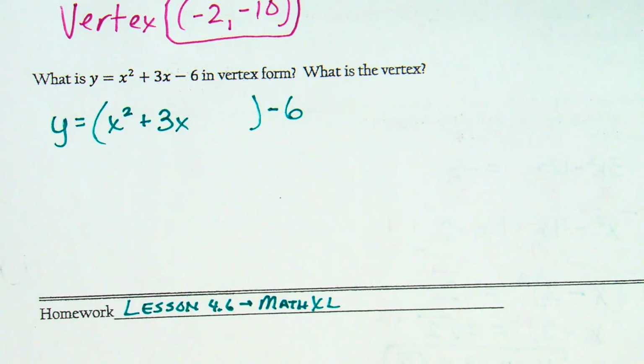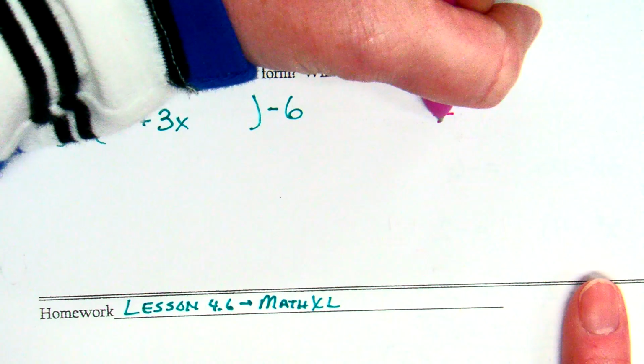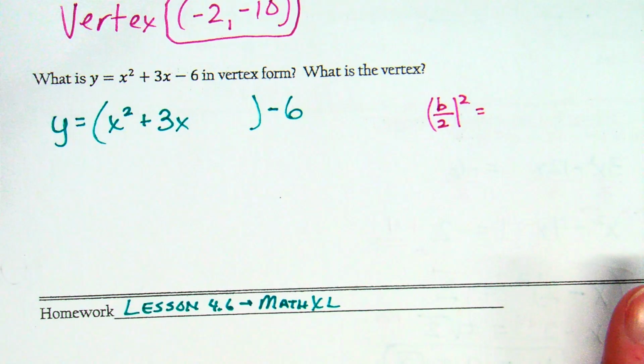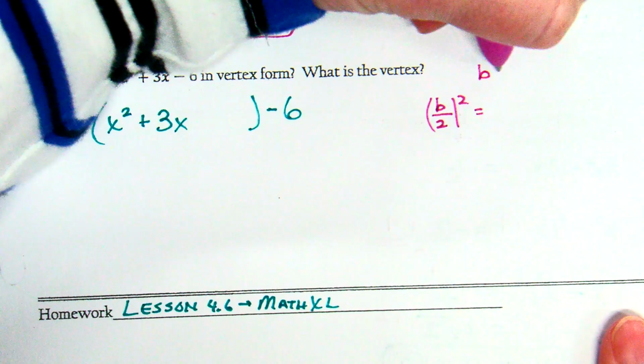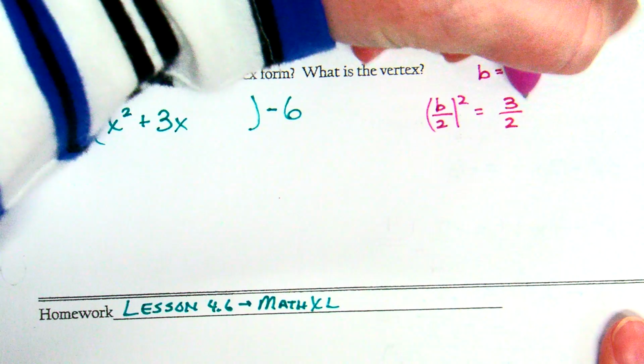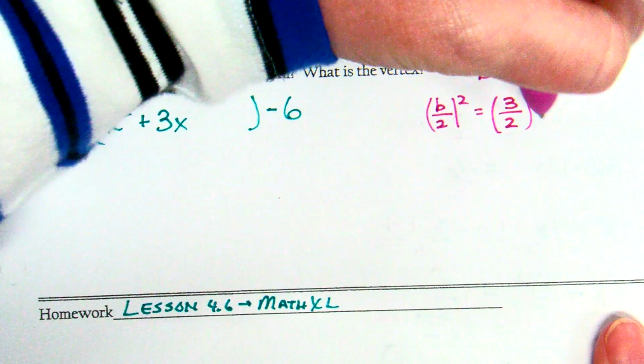What's my version of step 2? Focus, guys. Okay, we have the B step. So, B over 2, quantity squared. What is B? 3, because it's in front of x. So, 3 divided by 2, quantity squared.